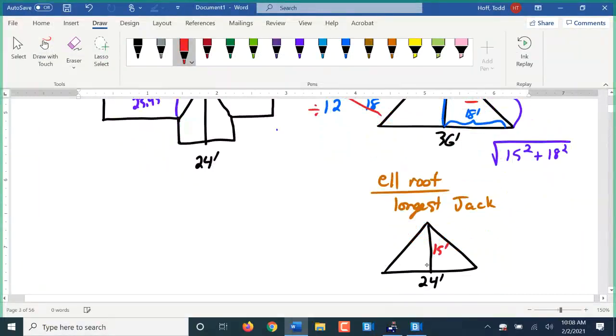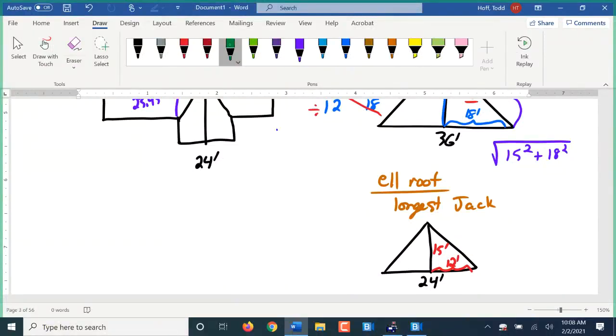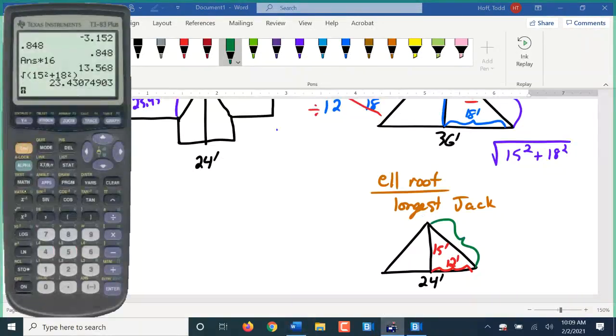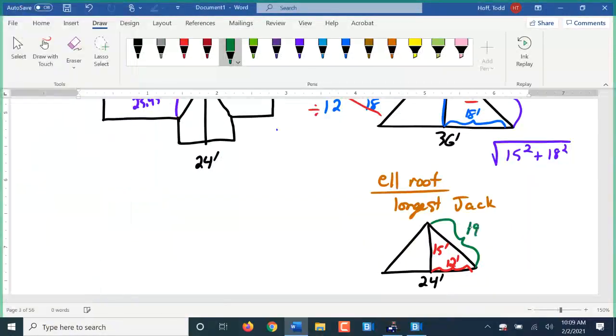And of course, that means that this part is actually only 12 feet. So we're going to find this length of that longest jack, or the common rafter on the L roof, whichever way you want to look at it. It's the square root of 12 squared plus 15 squared, giving us 19.209 feet.